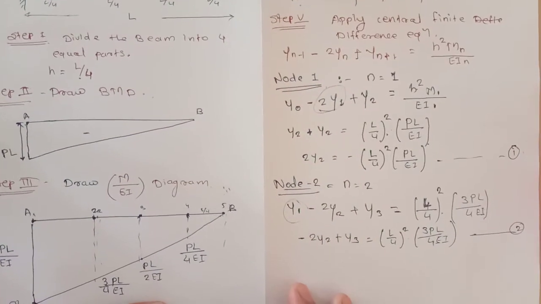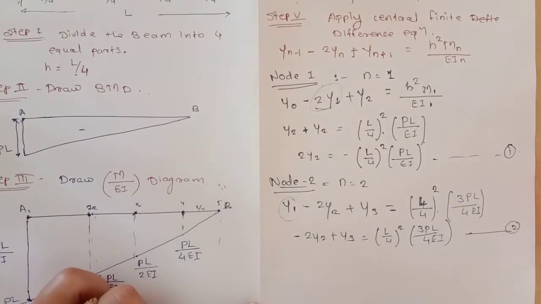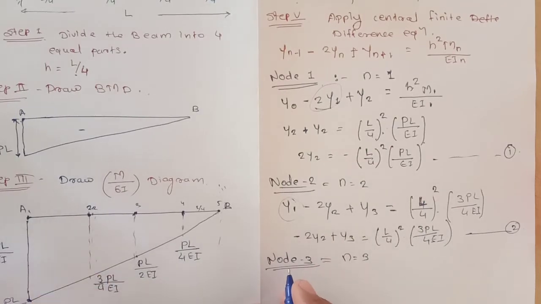Then next take third node point, that is n is equal to 3. Same, put this value in this equation.